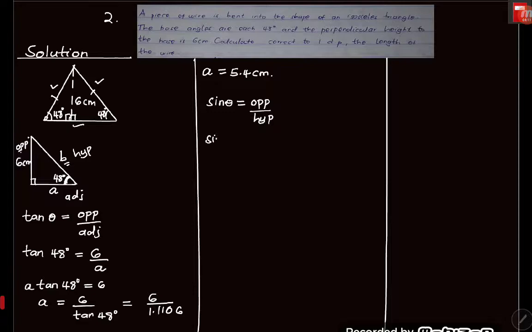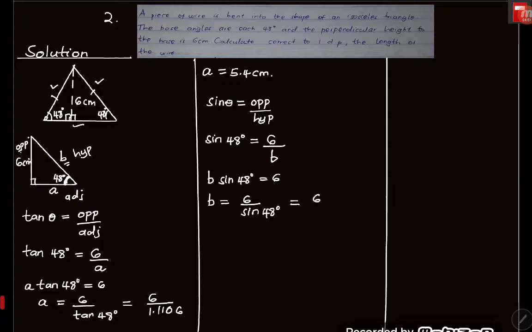So in this case, our theta is 48 degrees, the opposite side to 48 is 6, and the hypotenuse to 48 is B. So multiplying both sides by B, we have B sin 48 is equal to 6. Dividing both sides by sin 48, we have B is equal to 6 over sin 48 degrees.